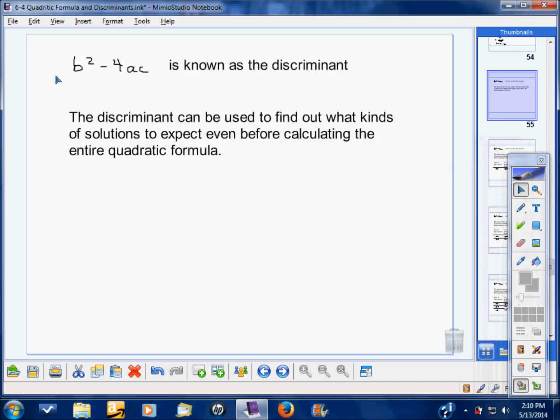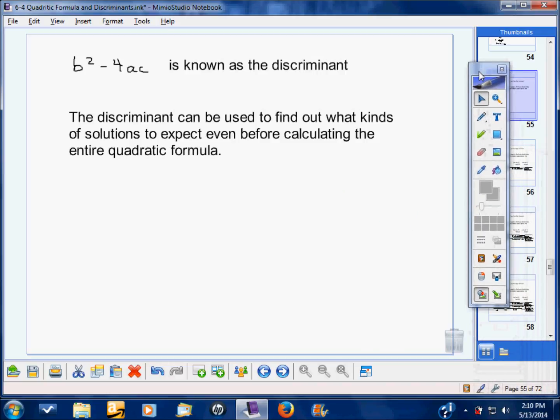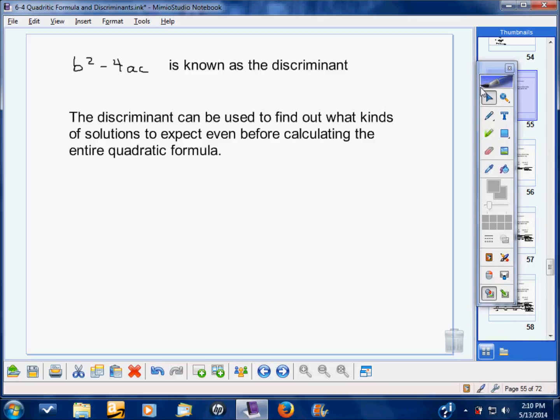Okay, so this right here, known as the discriminant, can be used to find out what kinds of solutions. All right, and I'm just going to add things down. Now, first, one of the possibilities is that this is a positive number.